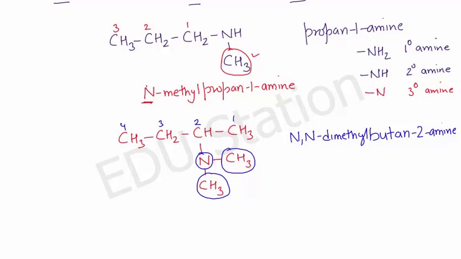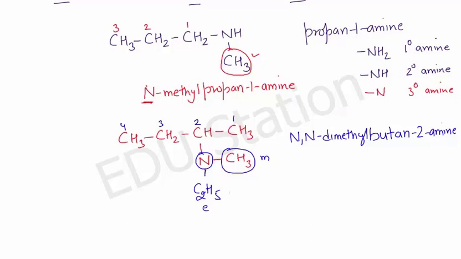Now if instead of both being methyls, I'll just replace this with an ethyl. Let's say instead of methyl over here you have C2H5. Now this starts with M, the other starts with E, so alphabetically E will come first.